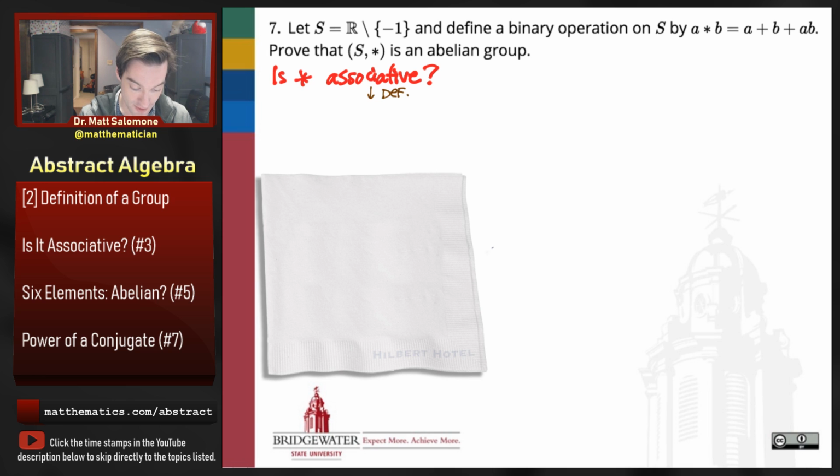The definition of associative says, for all, and don't leave out these quantifiers, for all x, y, and z that belong to the set of elements of my group, here called S, we need to have the following hold true. Remember, the associative property is about the evaluation of a triple product.